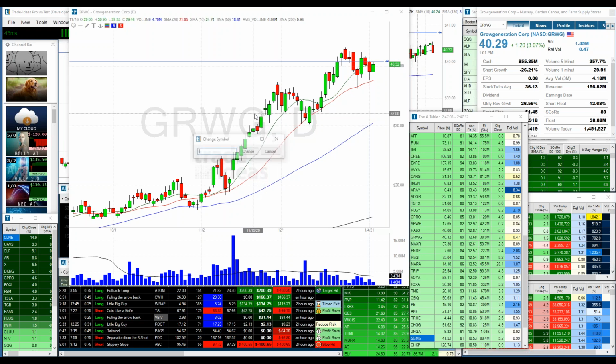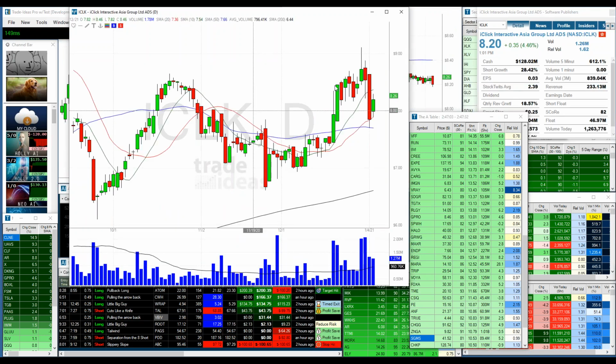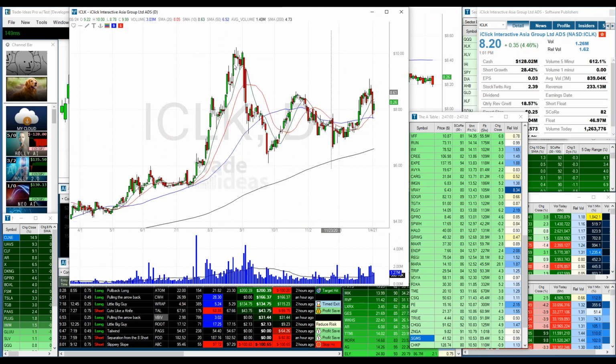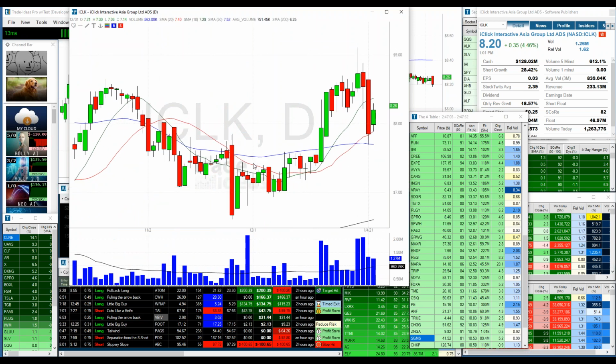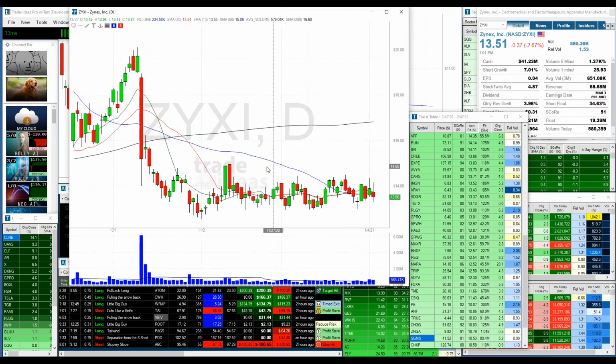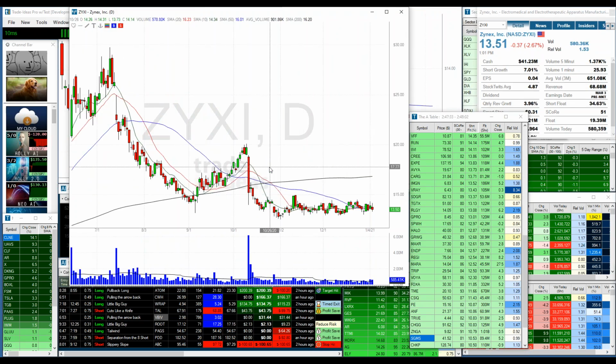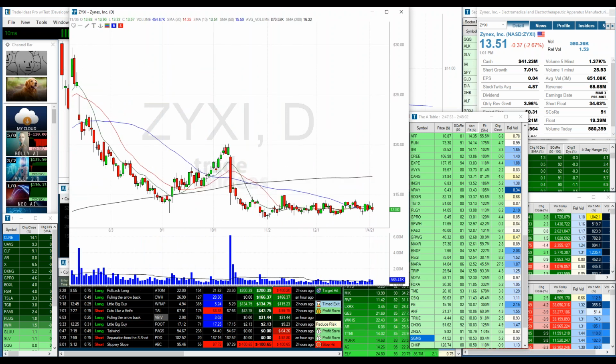Thoughts on ICLK? Bigger picture, it's holding a rounded base there. Got ahead of itself back here. It's pulled back. Doesn't look bad. And ZYXI, this one looks a bit more under pressure. It's not doing anything. It's not giving us any reason to like that one.